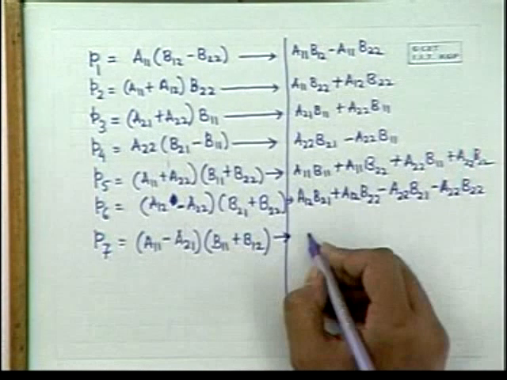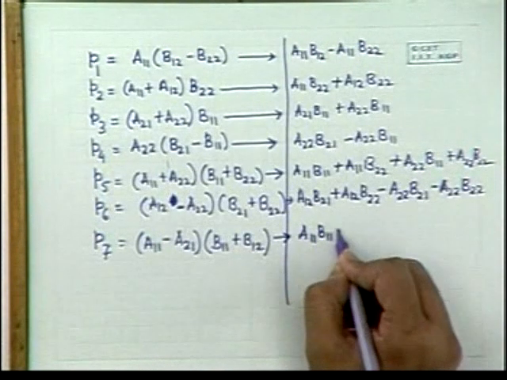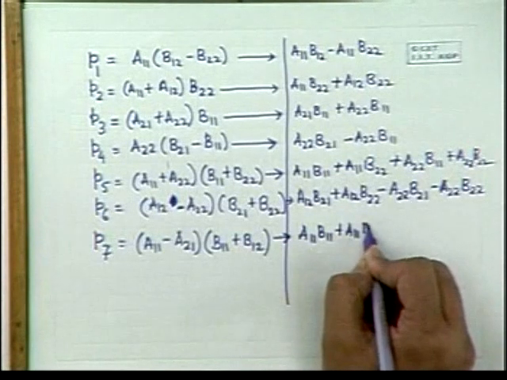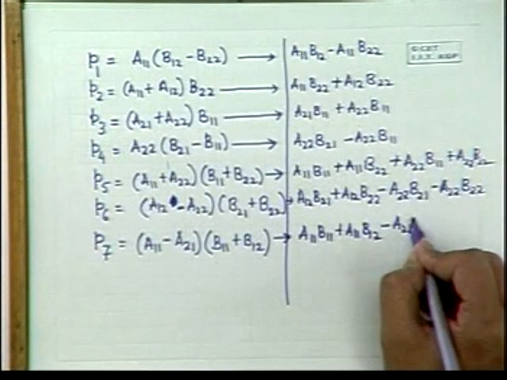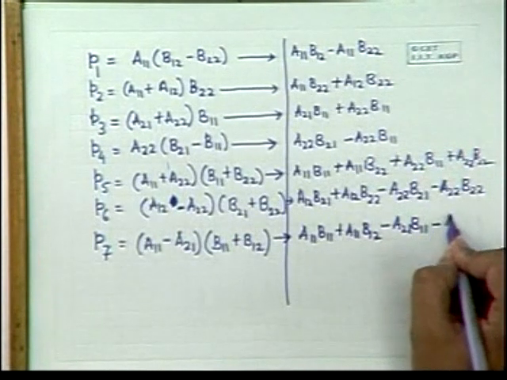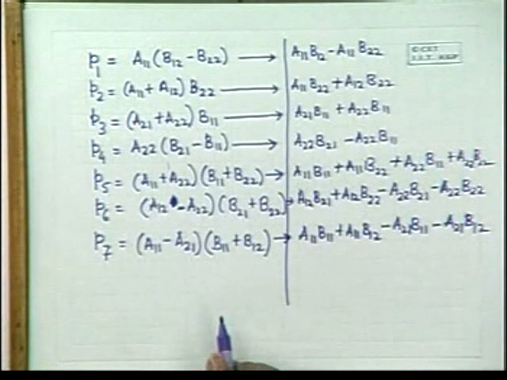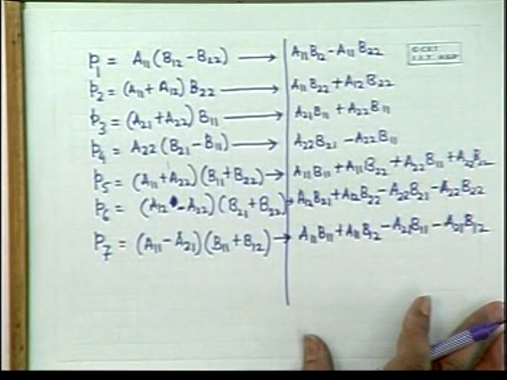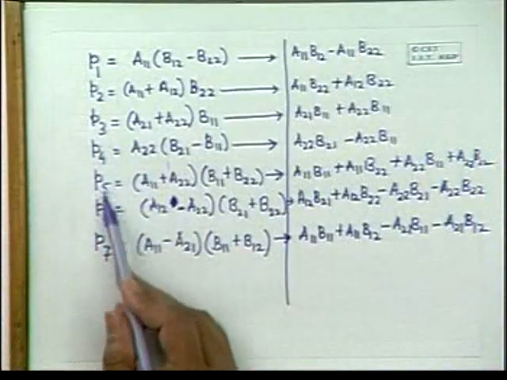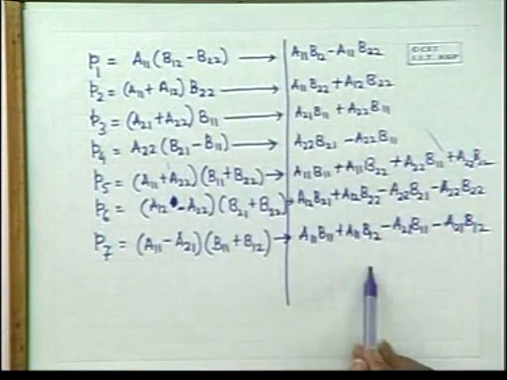And P7 gives us A11 B11 plus A11 B12 minus A21 B11 minus A21 B12. There is no complication here. It is a very routine task to see what P1, P2, P3, P4 up to P7 are.